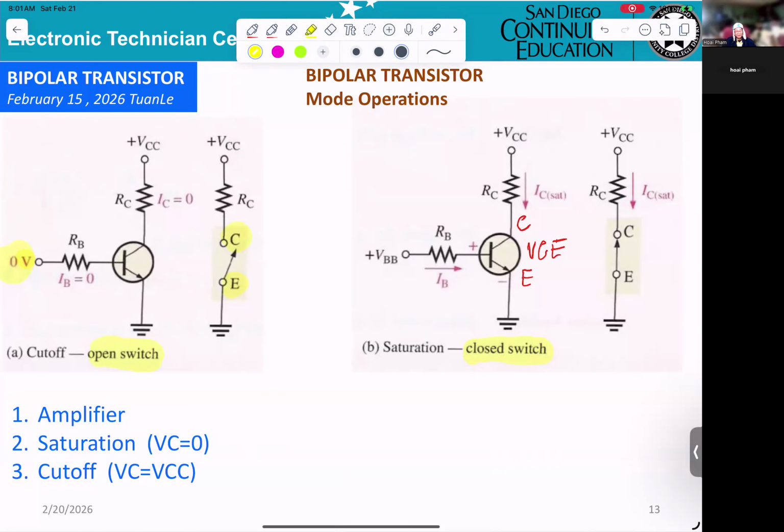When you turn it off, they're using the open switch between collector and emitter. However, when you want to connect, then we go to the closed switch. They connect collector to emitter.